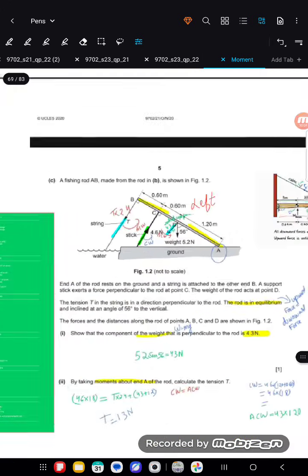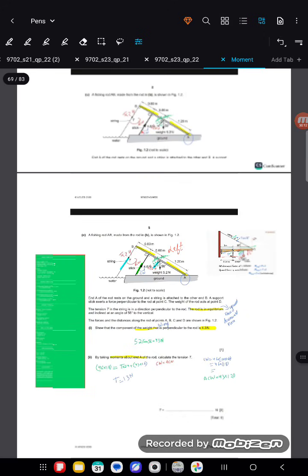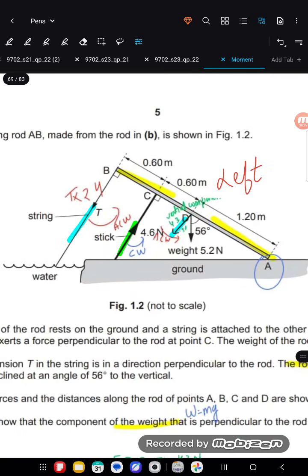So see this question. Okay, this is the left side, the forces are acting on the left side. So see here on this one, these two we will take as anti-clockwise, and the upward force we will take as clockwise. So this one is the upward force.